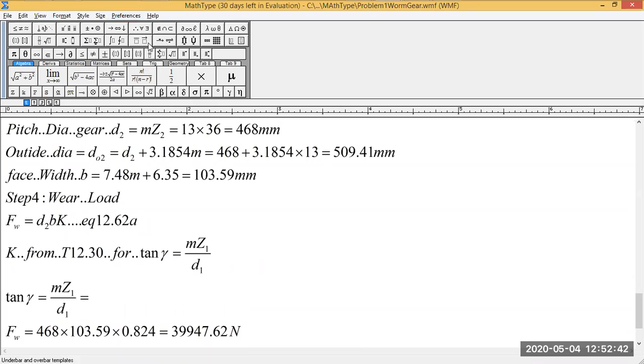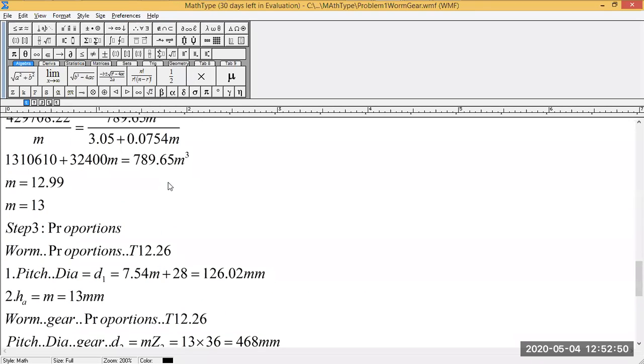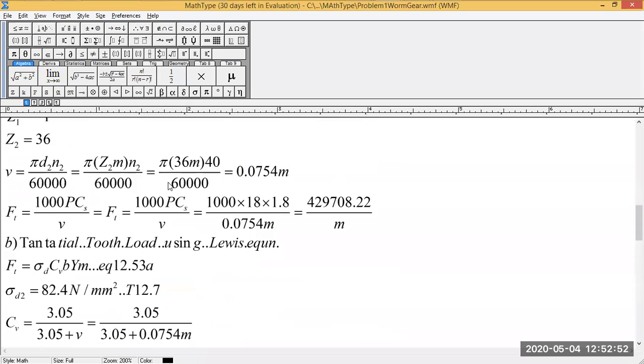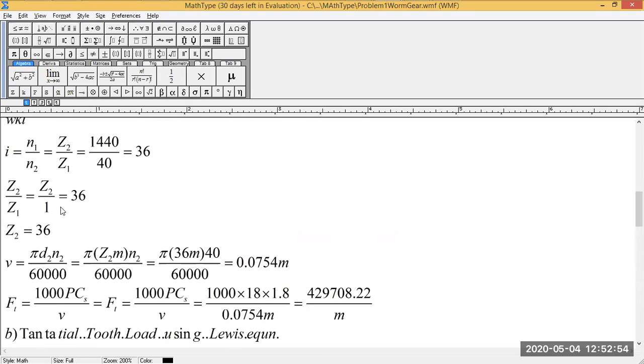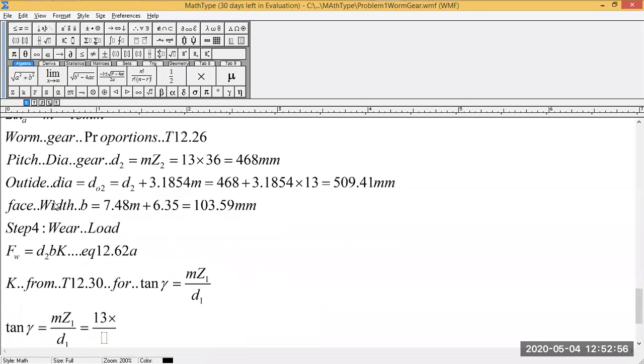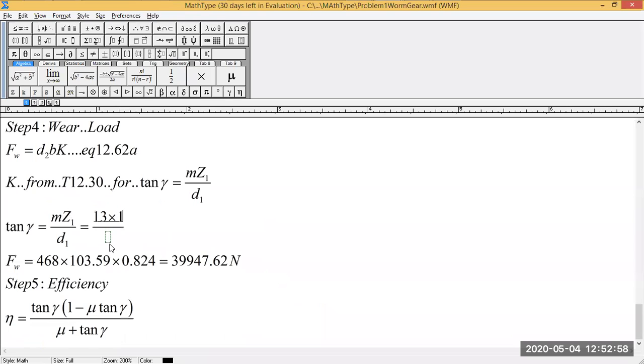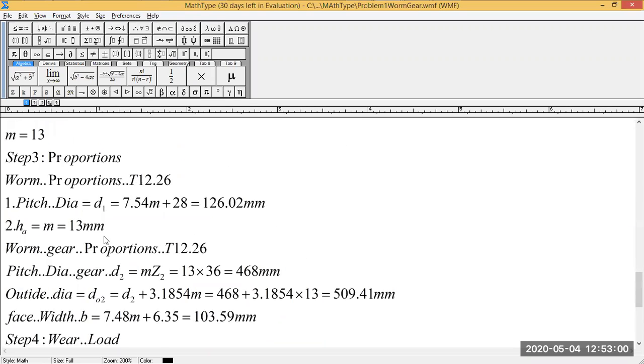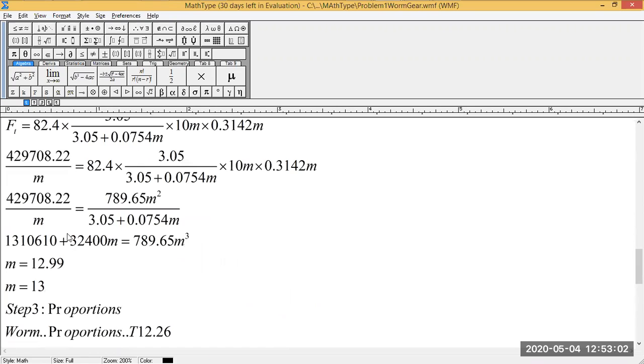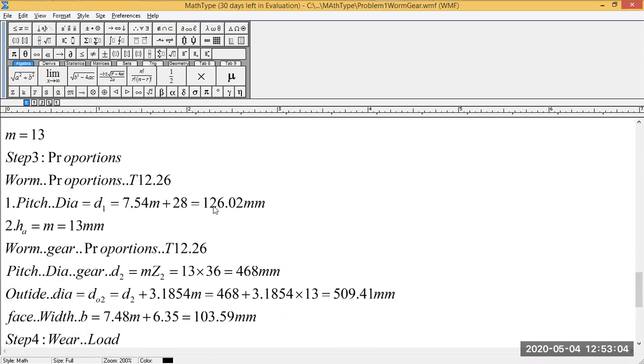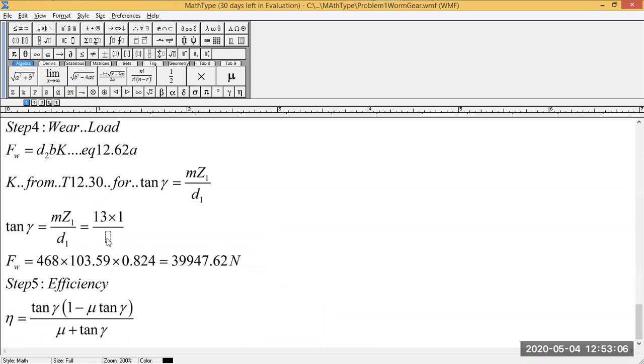So now m equal to 13 into Z1. Z1 is 1 over D1. D1 I think we found in step 3. Yeah, 126.02.